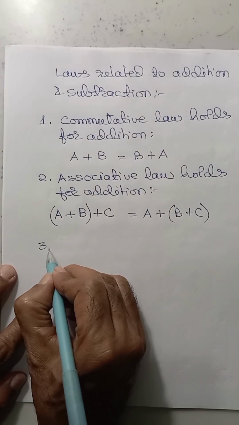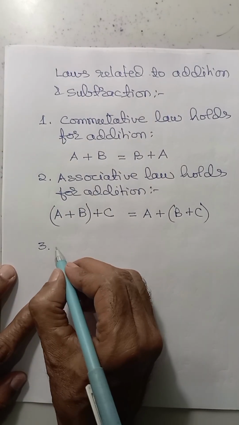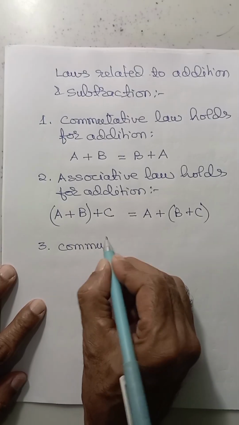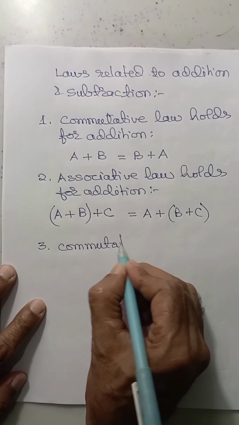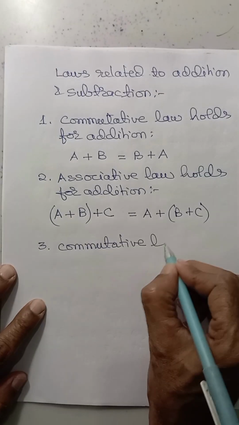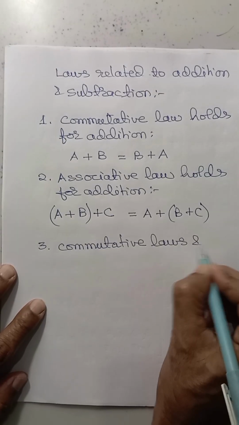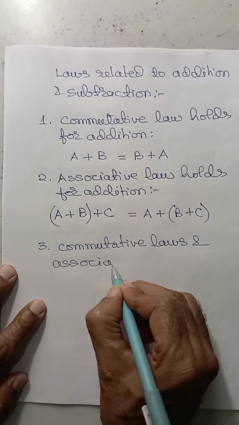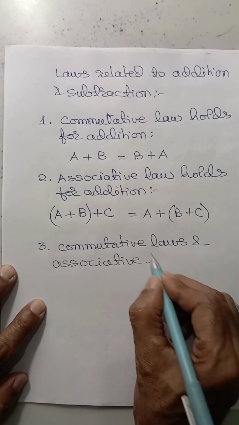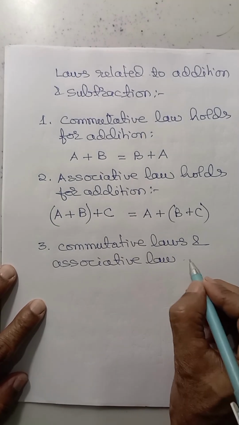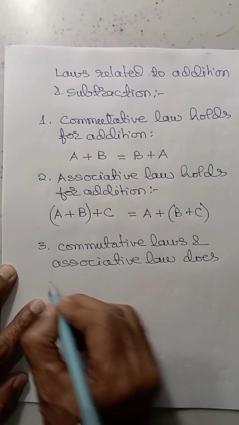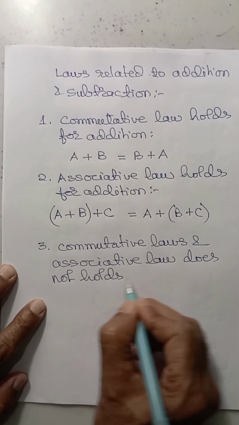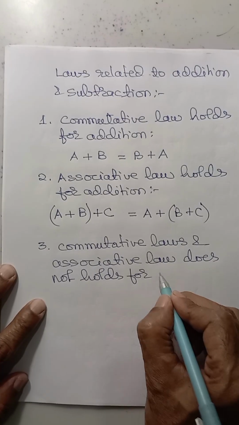And the third one is that the commutative law and associative law do not hold for subtraction.